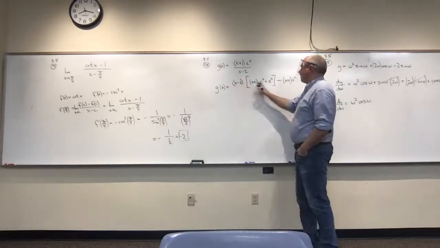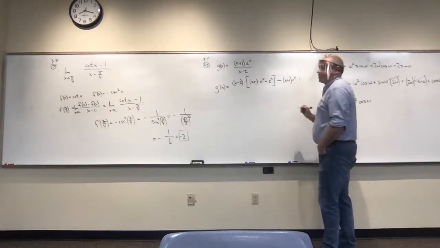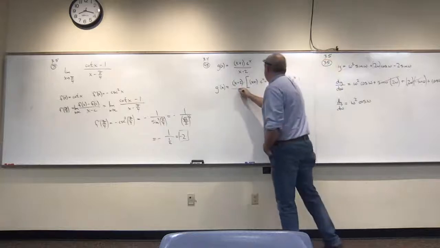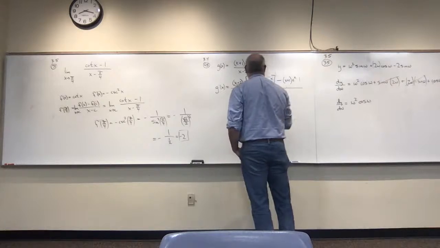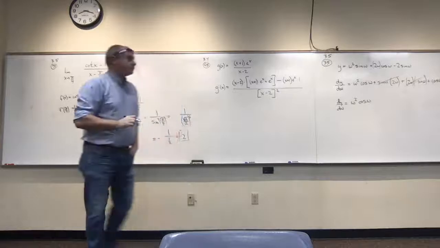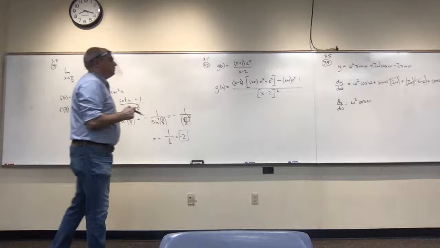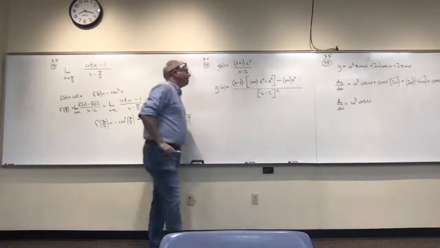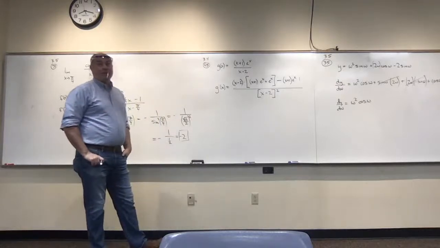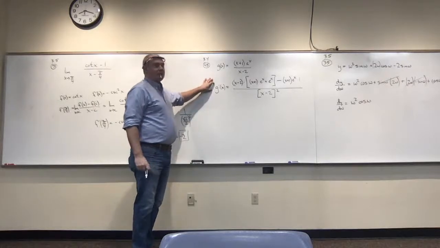All of that is divided by the bottom, x minus 2, quantity squared. Honestly, that's where I would probably leave it. You could multiply this out and try to simplify the top a little bit, but it's not going to get that much better in this situation. So what I would always suggest is just leave it like this.